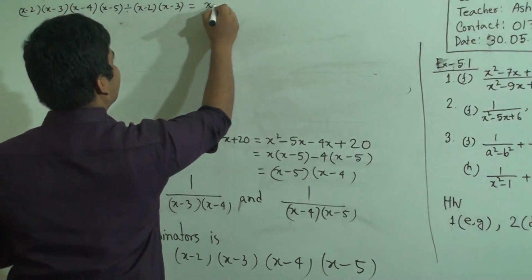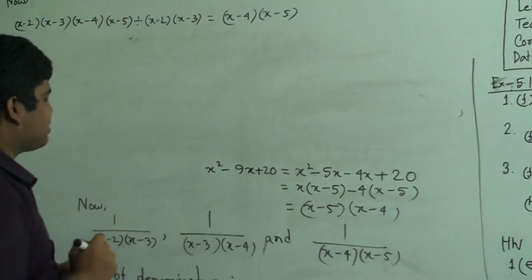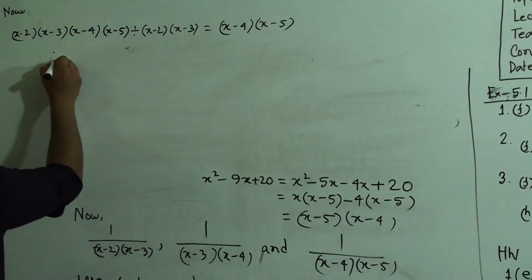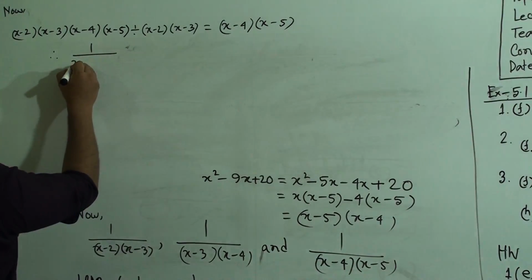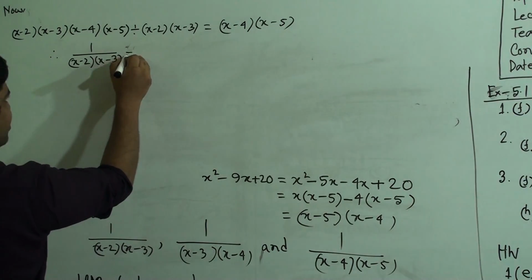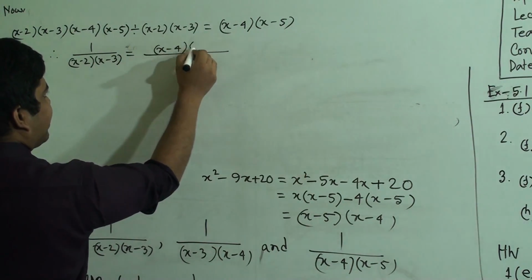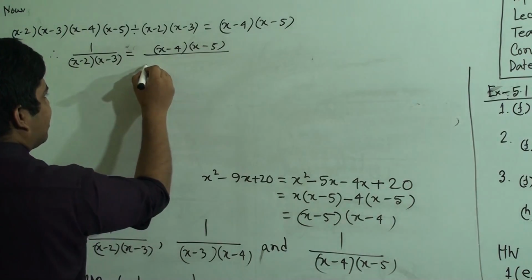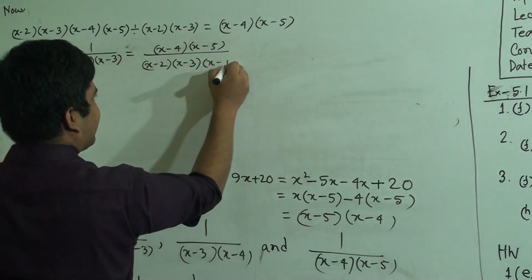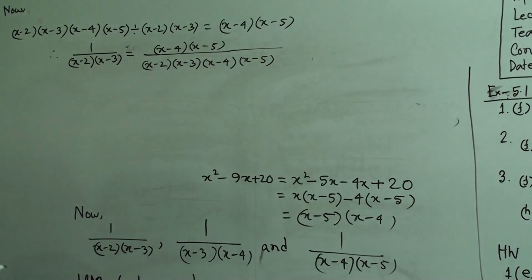So we write x minus 4 and x minus 5, and this is multiplied with numerator and denominator. So now 1 by x minus 2 into x minus 3, we multiply x minus 4 and x minus 5, and here x minus 2, x minus 3, x minus 4, x minus 5. I hope you have understood.